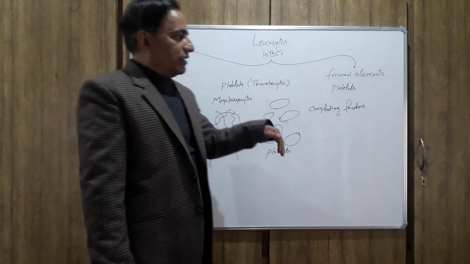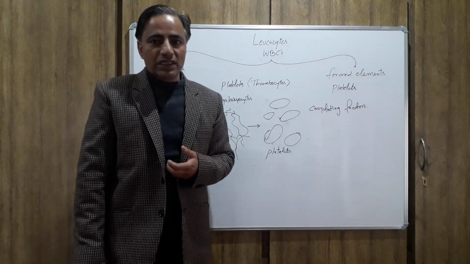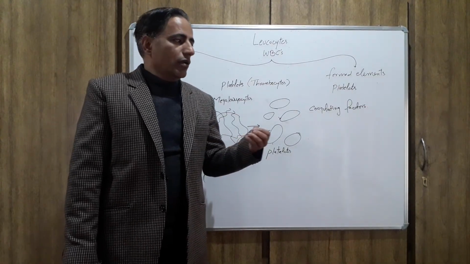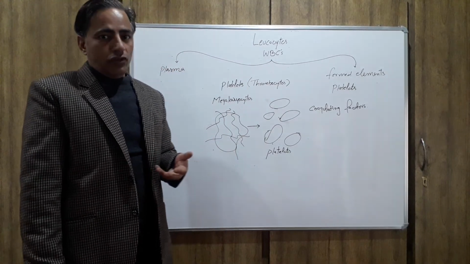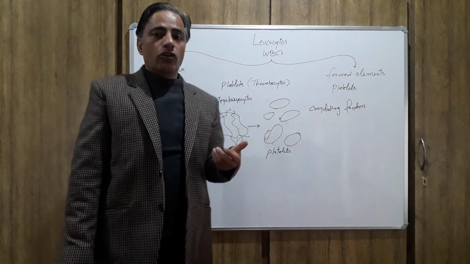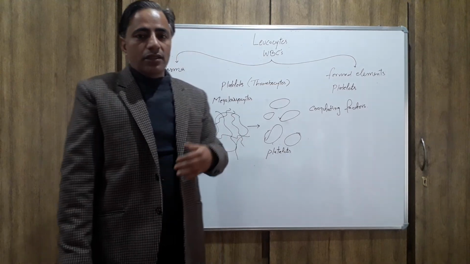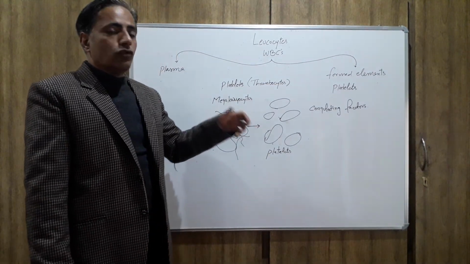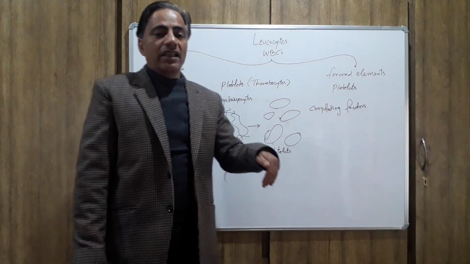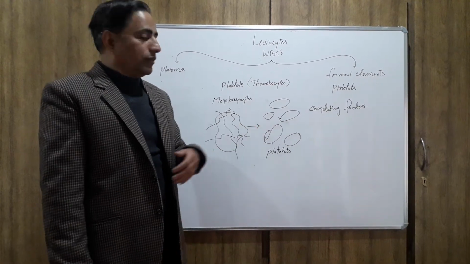Similarly, the leukocytes are the soldiers of the body. Their main function is to protect the body from external agents that somehow enter the body, and these external agents may be germs, the disease causing agents, or pathogens. Then the third type of formed elements are the platelets. The basic function of the platelets is to release certain substances, most of which act in the coagulation of the blood. And the platelets themselves take part in the coagulation of the blood.